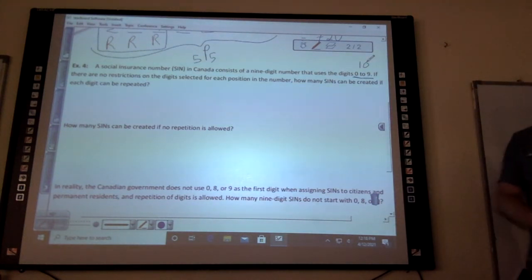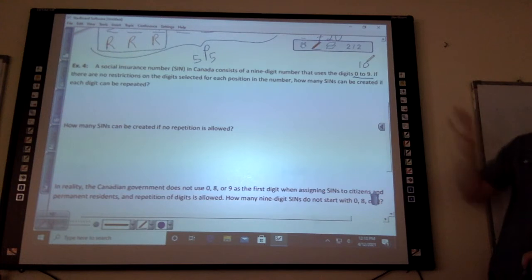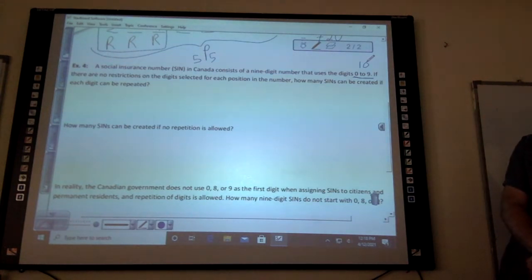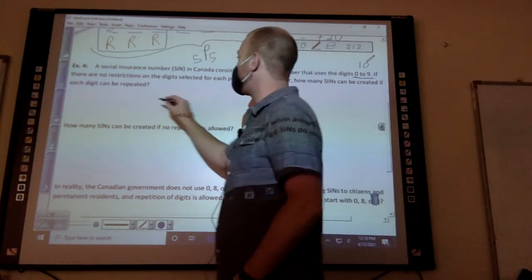If there's no restriction, which is often what we're dealing with for this unit, we'll be looking at the restrictions and how that changes our outcome. So if there's no restrictions, we want to know how many social insurance numbers can be created. In this case, I've got a 9-digit number.